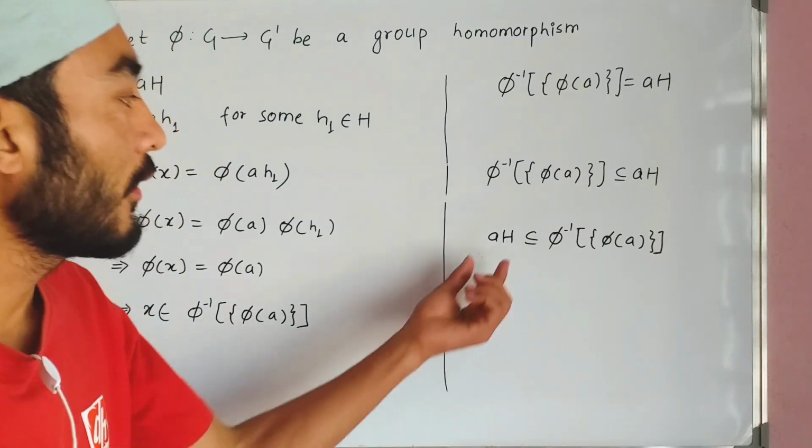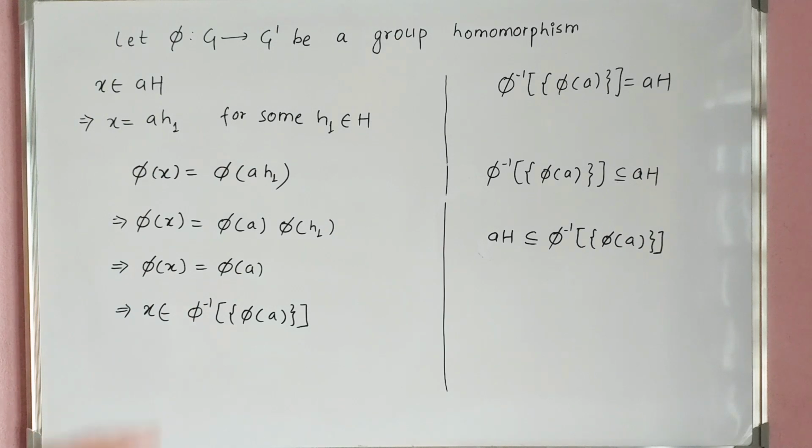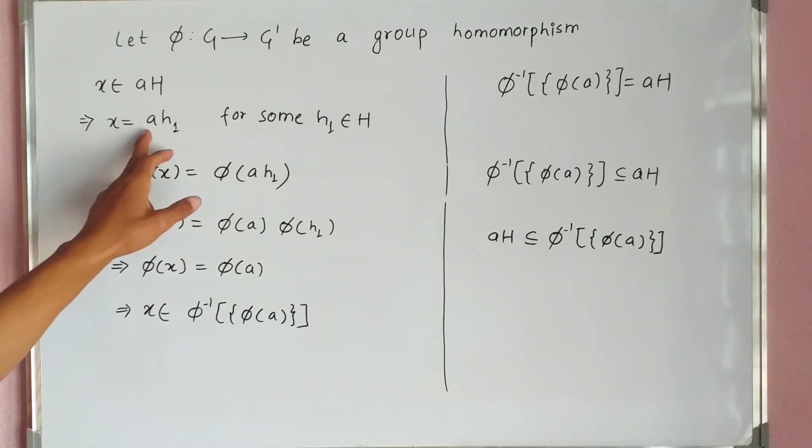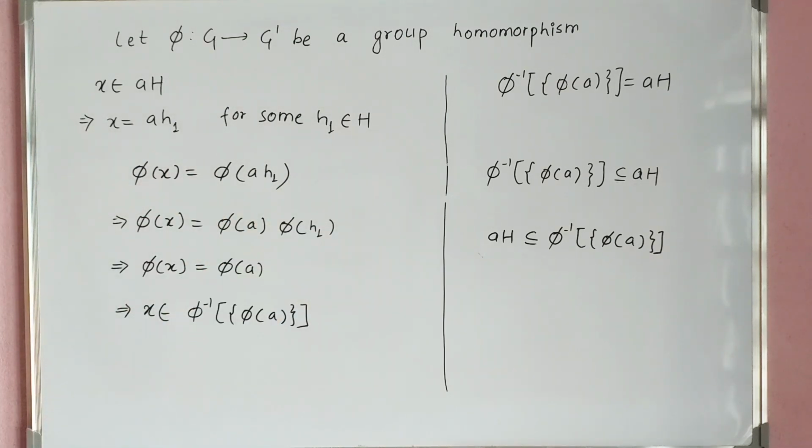Next we show aH is a subset of φ⁻¹(φ(a)). For that consider any element in aH, let x belong to aH. This implies x equals ah1 for some h1 in H clearly.